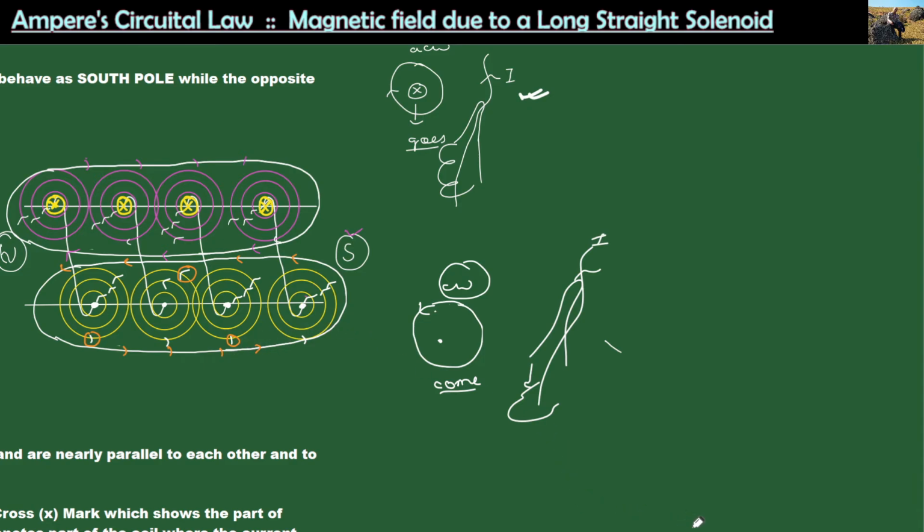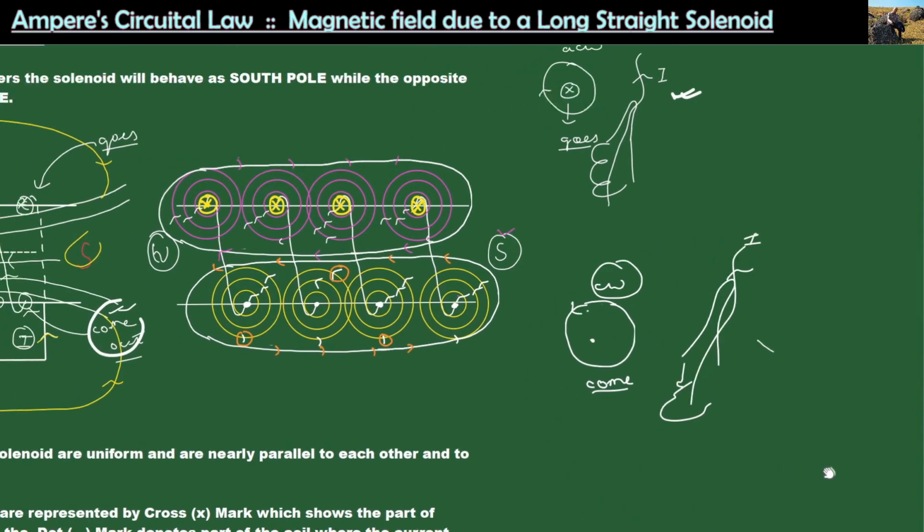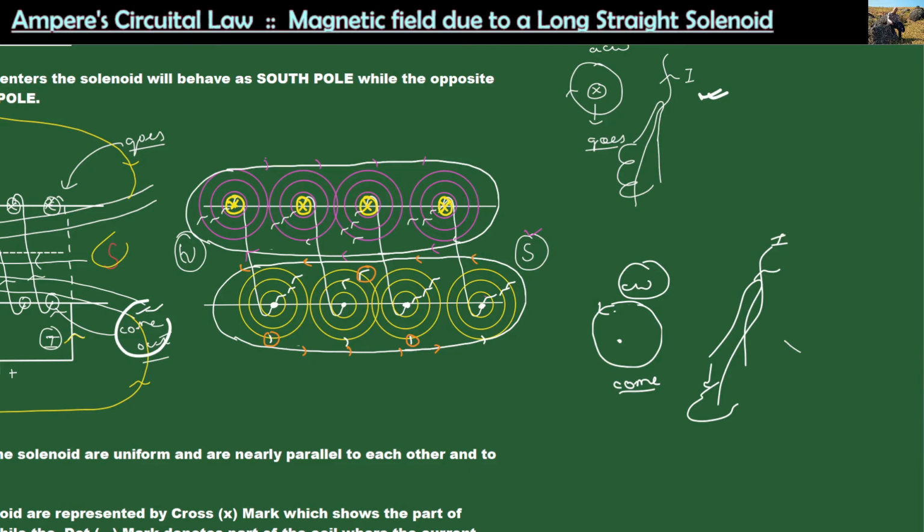So the direction of the magnetic field lines always begins in this direction. Inside the solenoid and outside the solenoid, it moves from the north pole.